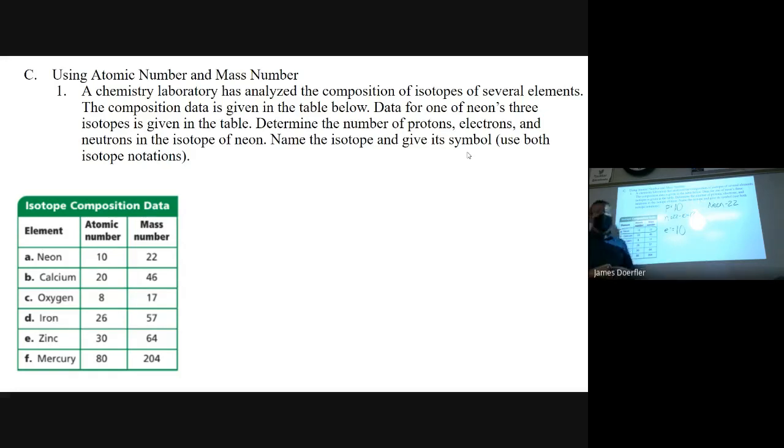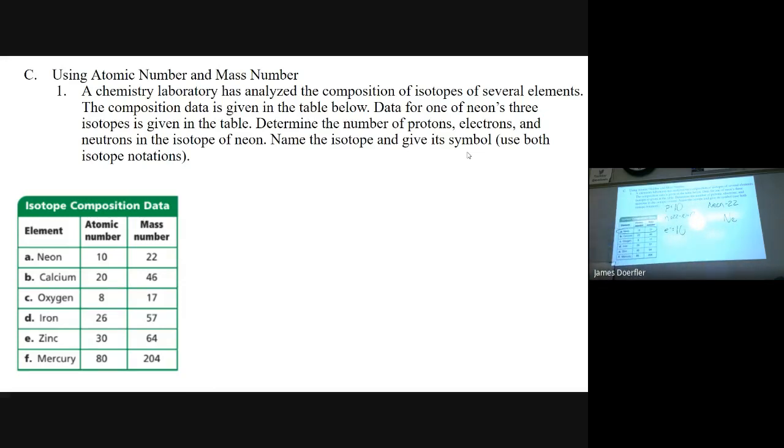The second form is the element symbol form. How I like to do this, and you can go a different approach, is to put the symbol first, and then go from there. So what is my symbol for neon? Ne. Okay?